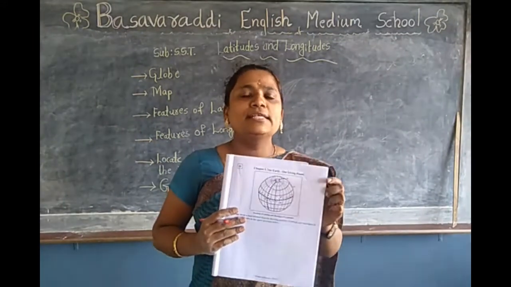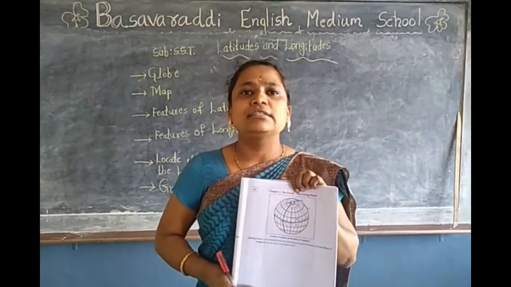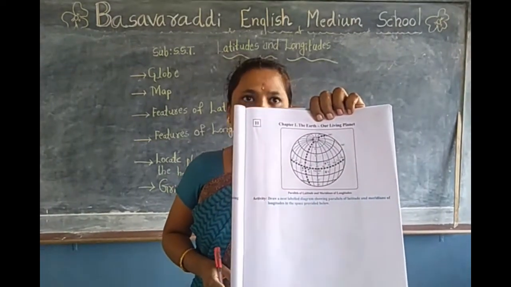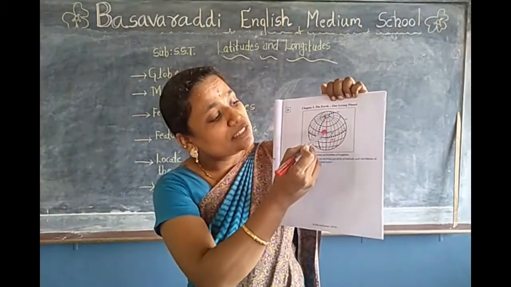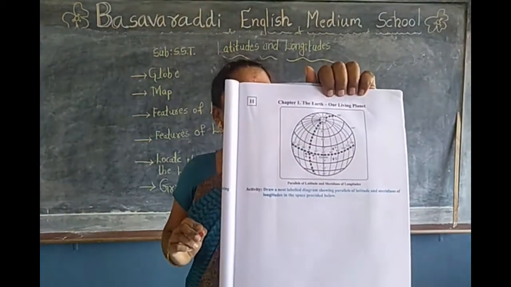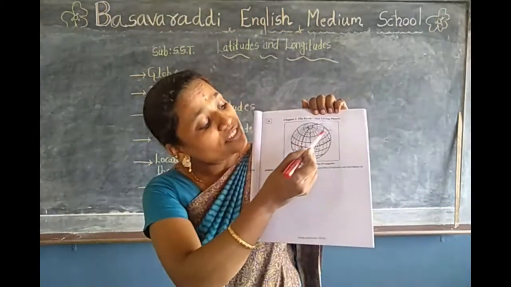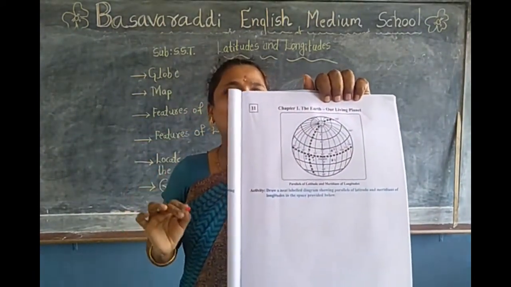Next, longitudes. Longitudes are the north-south running lines. The 0 degree longitude is known as the prime meridian. Latitudes are east to west running lines.